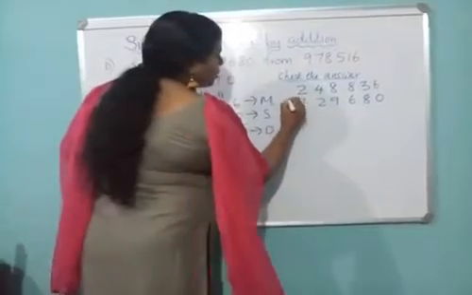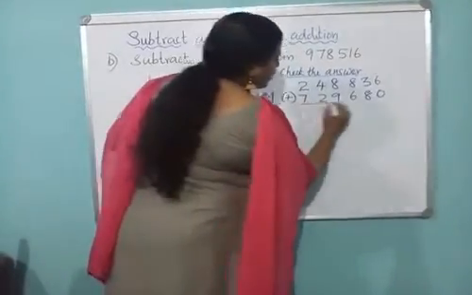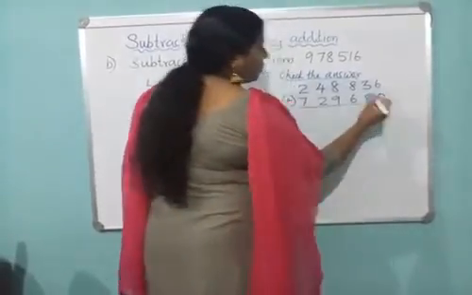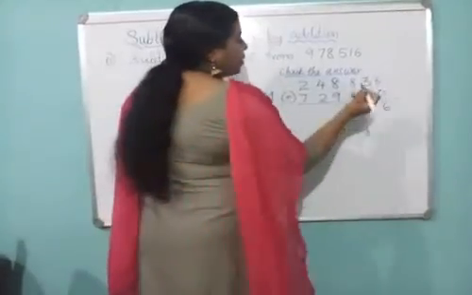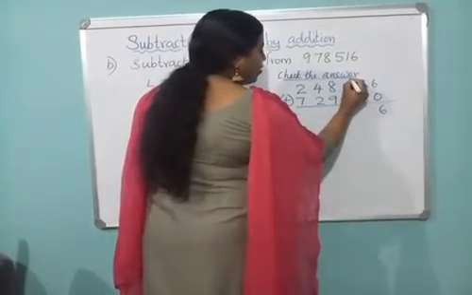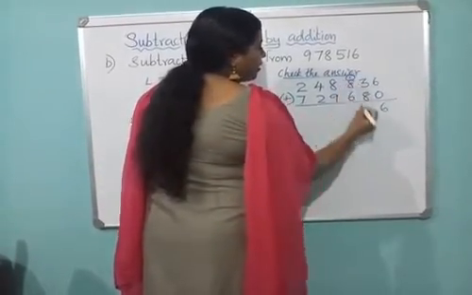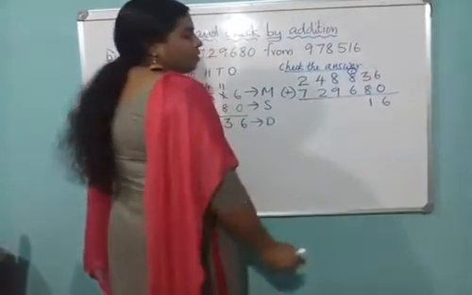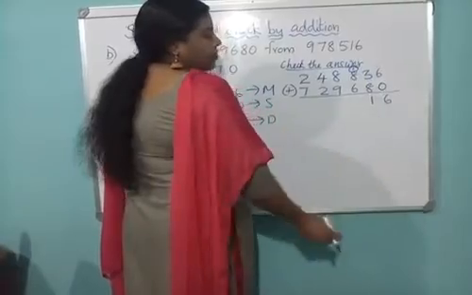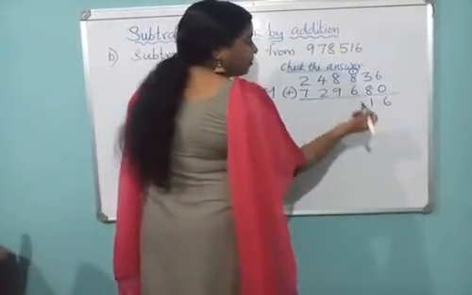What should we do to check the answer? We should add it. Let's add. 6 plus 0 will get 6. 8 plus 3 is 11. We learned how to write 11: 1 will be written as a carryover here and 1 here. Now 1 plus 8, 9. 9 plus 5 is 15.